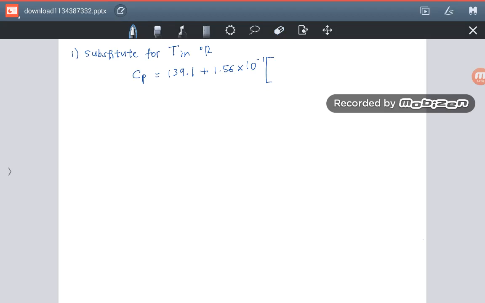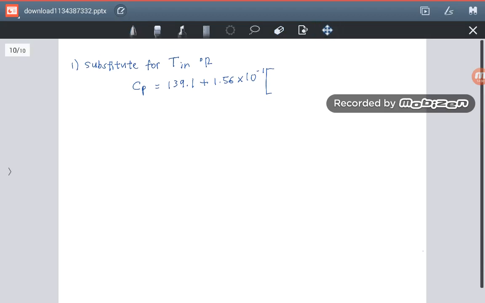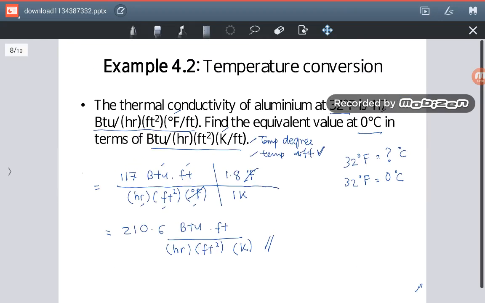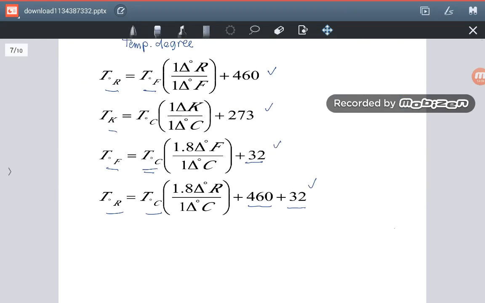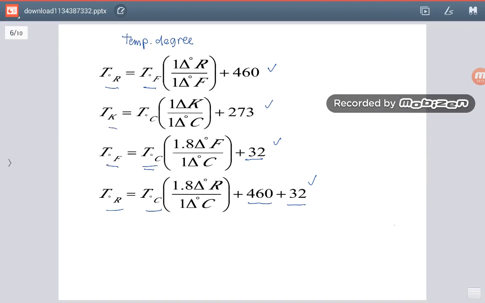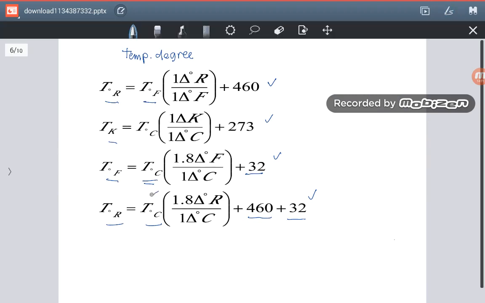Because this is a question about the temperature degree, we are referring to this equation, from degree C we need to change to Rankine, so we're just going to use this kind of equation here.